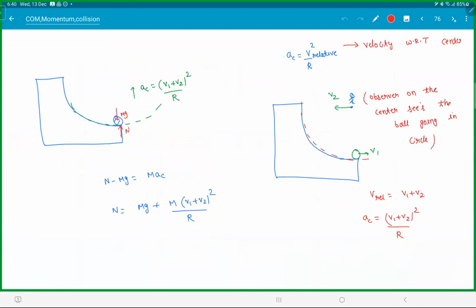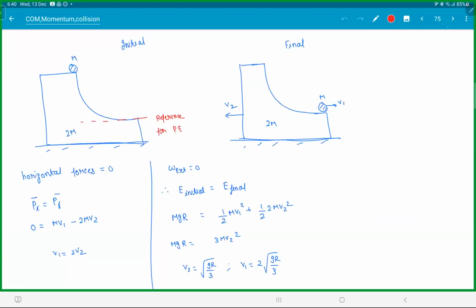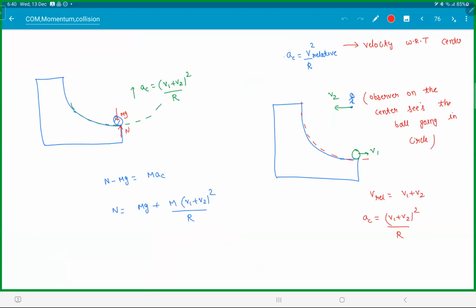I taught you that for this problem here. Clear with this? This would be a good advanced question. If you see, energy conservation, momentum conservation, loss of motion, circular motion, four chapters. Clear? Next one.